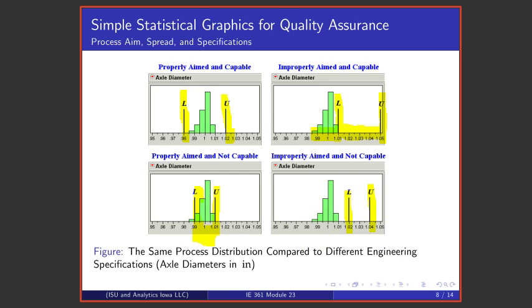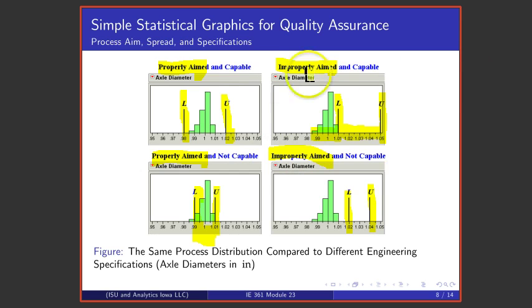The jargon that is often used here is that for these 2 cases on the left, the histogram is centered appropriately, while in the right 2 cases, it is not centered appropriately, so the process is not properly aimed.